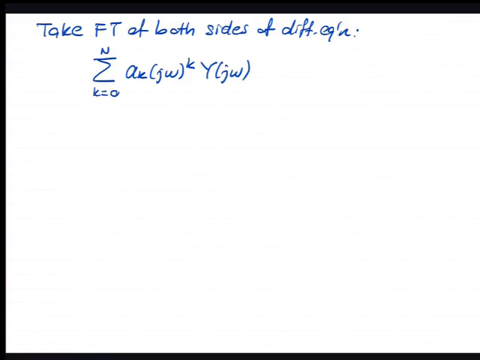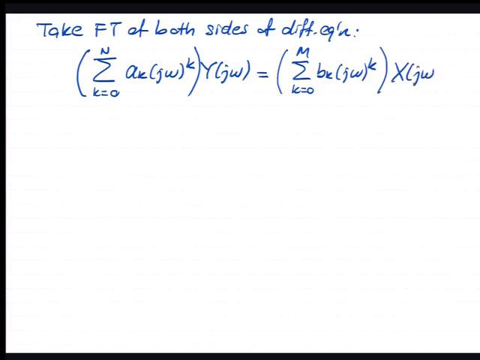But since everyone has that factor Y, I can just factor Y out. And on the right hand side, you'll find the sum from k equals 0 to m of b sub k j omega to the power k times X of j omega, right?